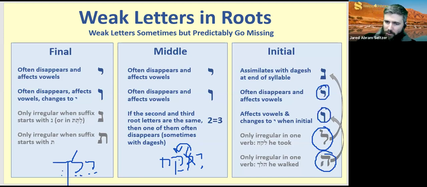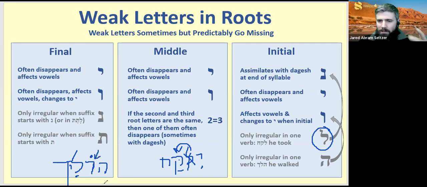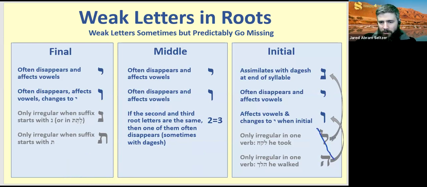Some people would say initial yod, but I say vav because if you put this into the causative form, it becomes holich. Turns into a vav. Okay, so it's probably a vav, which was problematic, a weak letter, went missing, something like that. Okay, so we spent a little bit of time on those.